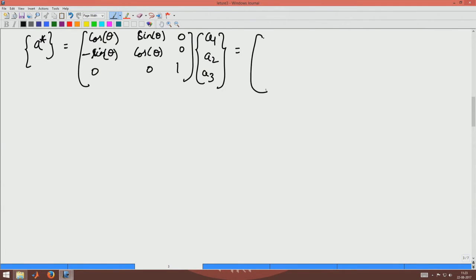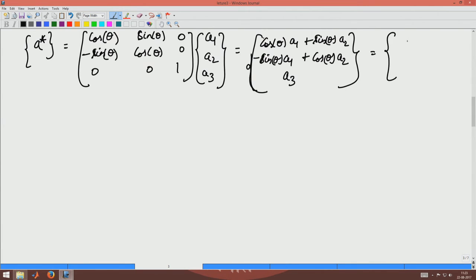So, this will be cos theta into a1 plus sin theta into a2, minus sin theta a1 plus cos theta a2, and a3, okay.